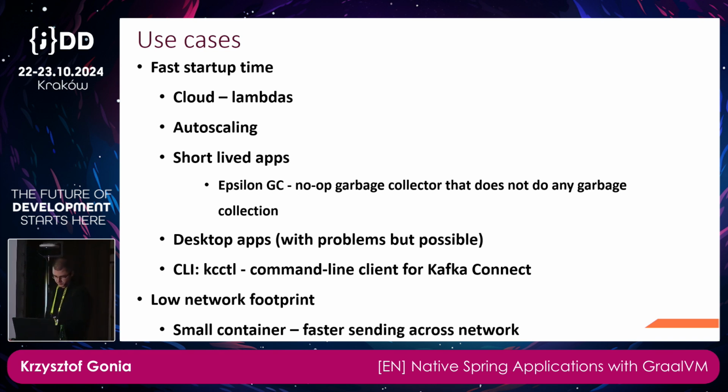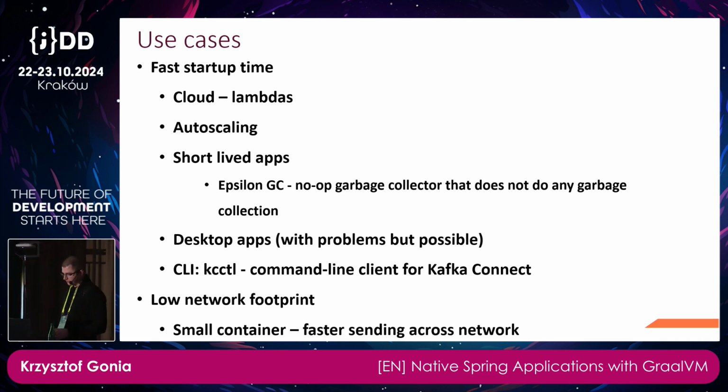Short-lived apps, this is very interesting, because GraalVM offers a special garbage collector that does nothing. If you know that your app will live briefly and you don't need to clean up the heap because you have enough memory, all things will be gone when your app stops working. So you can speed up just by using a garbage collector that does nothing.